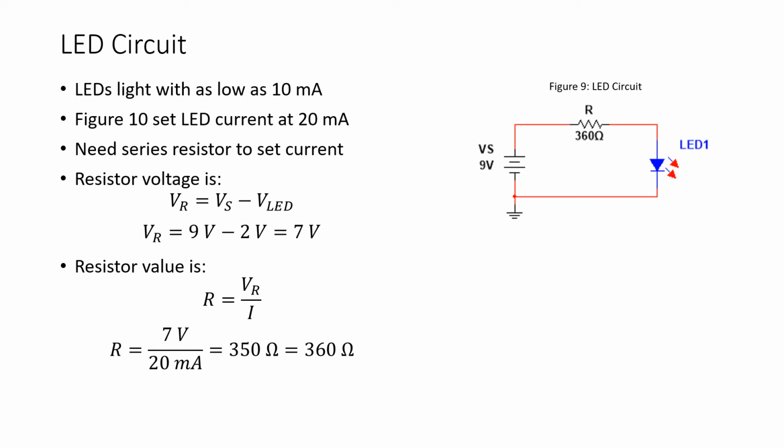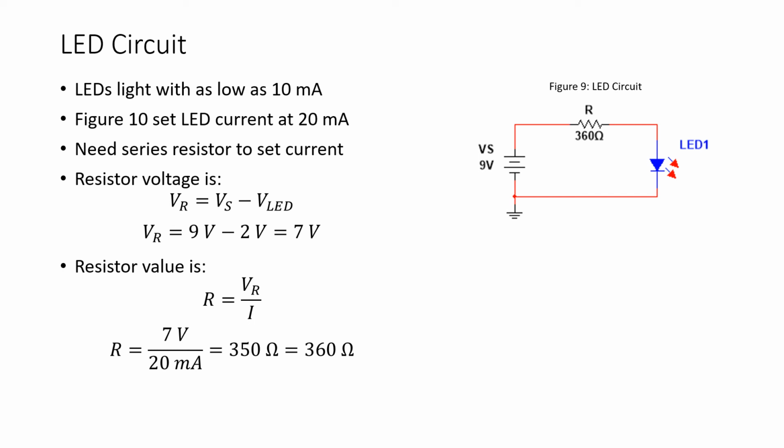Looking at the circuit of figure 9, the source voltage equals the resistor voltage plus the LED voltage. We rearrange this to give VR equals V source minus the voltage across the LED. So we calculate the voltage across the resistor to be 7 volts.